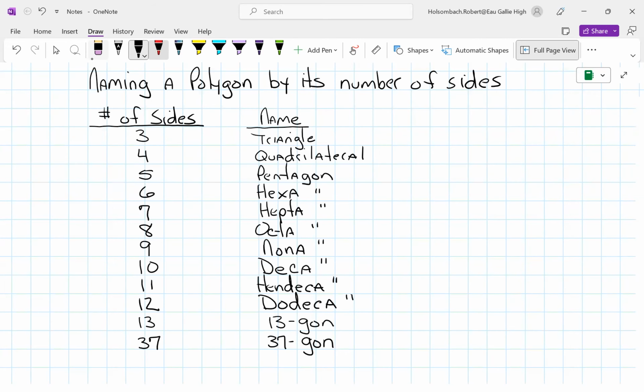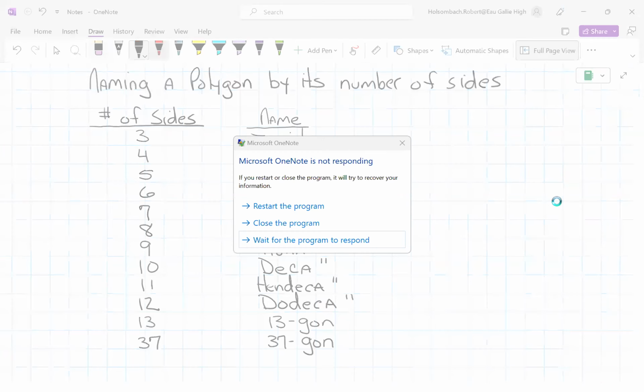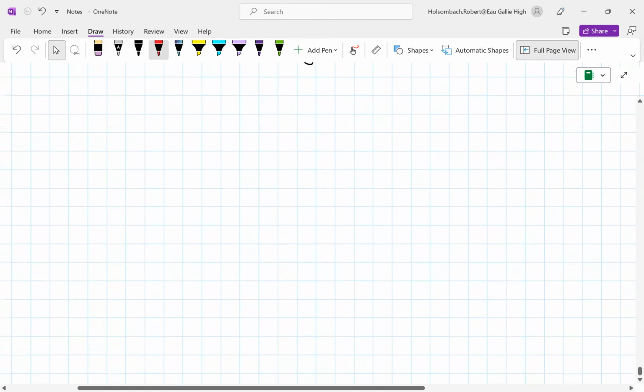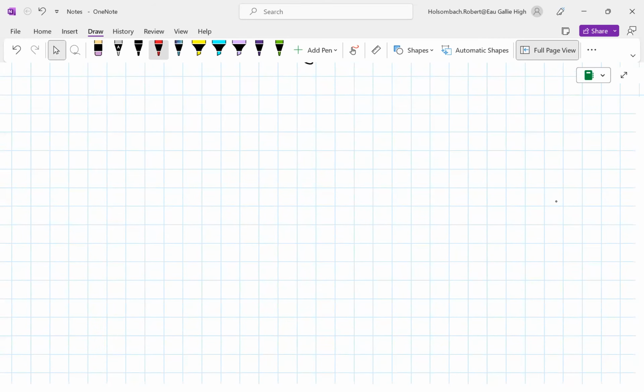And then another term associated with these polygons is equilateral polygon.